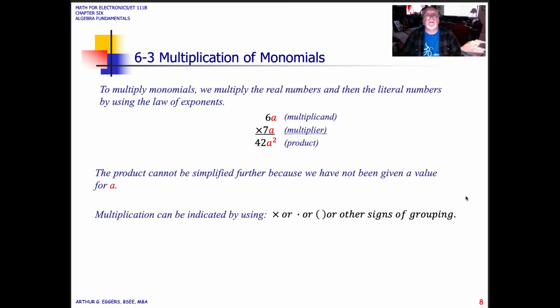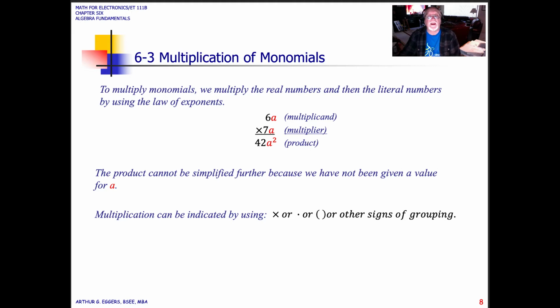In multiplication of monomials, to multiply monomials, we multiply the real numbers and then the literal numbers by using the laws of exponents. So in this case, the upper number, the multiplicand, 6a, we're going to multiply it by 7a, the multiplier, and we end up with a product of 42a squared.